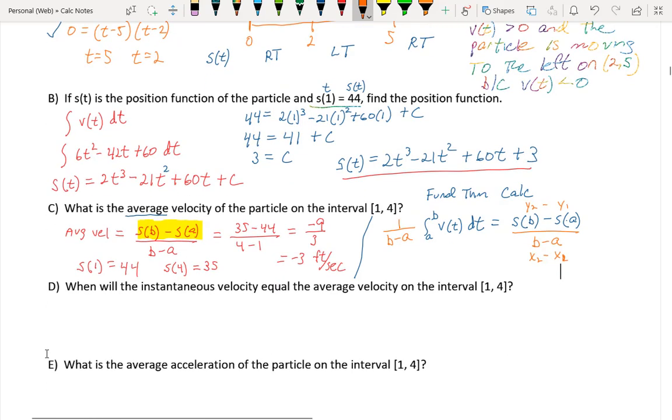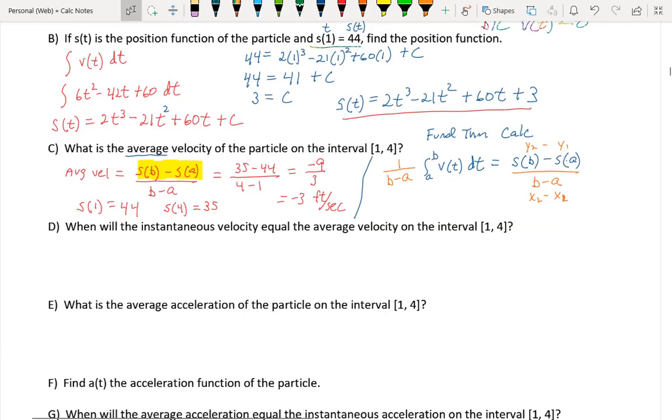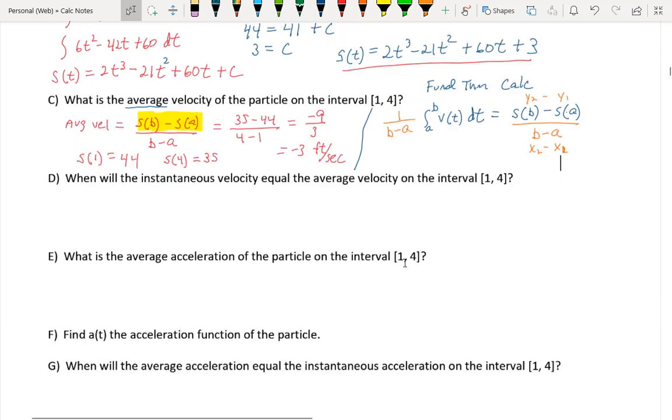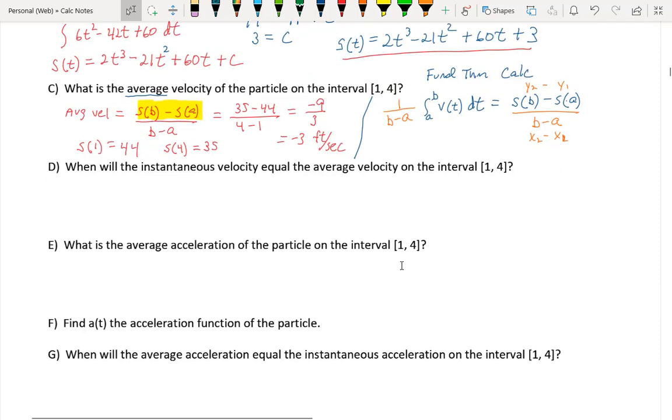Alright. It says, when will the instantaneous velocity equal the average velocity? Now, instantaneous, we're talking about v of t. When's that going to equal the average velocity? Well, we just did average velocity, and it was negative 3 feet per second, or negative 3 in this case.